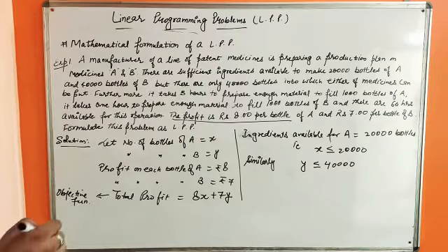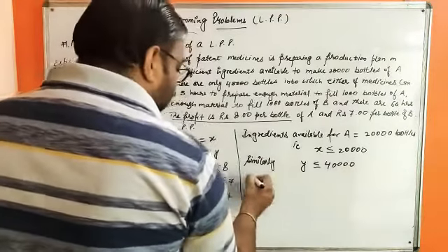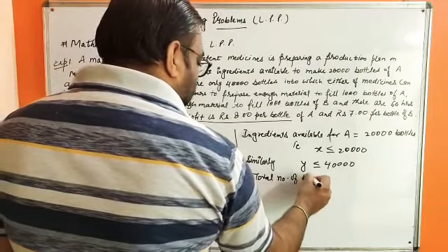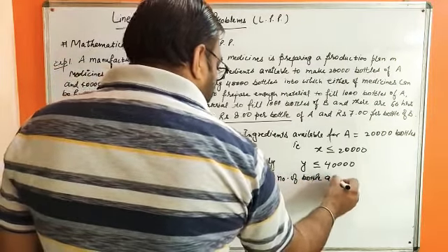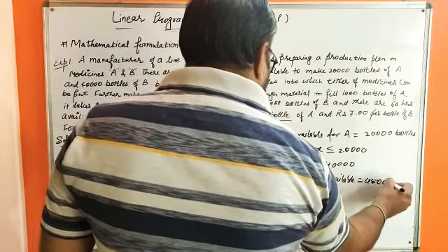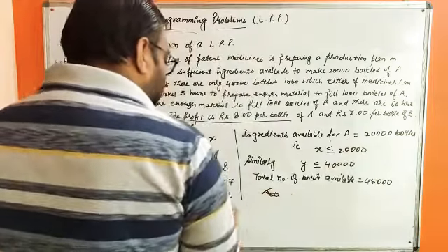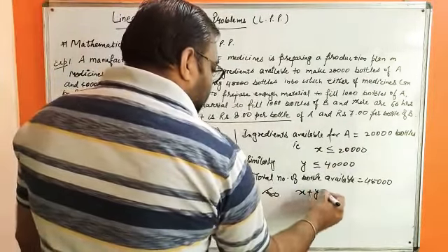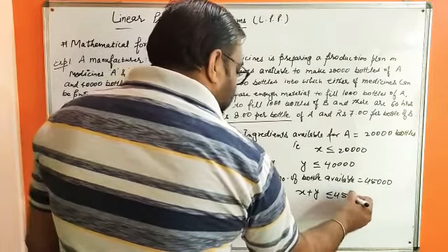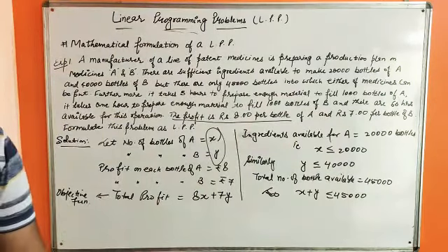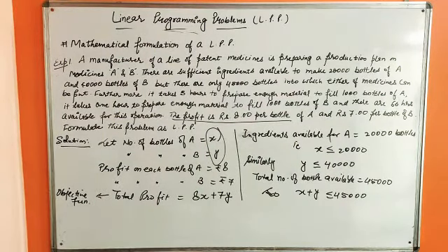So there is another constraint, that is, the total number of bottles available is 45,000. So the sum of both kinds of bottles should be less than or equal to 45,000. It may be equal to 45,000 or less than 45,000.